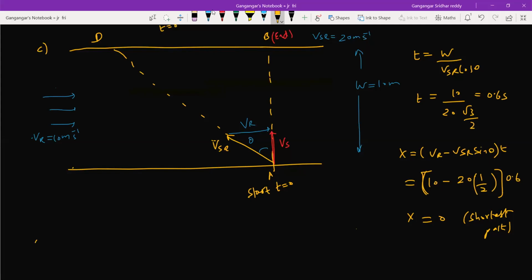Last case, we'll go for it. VSR 30 meter per second. Okay, look at all the things.